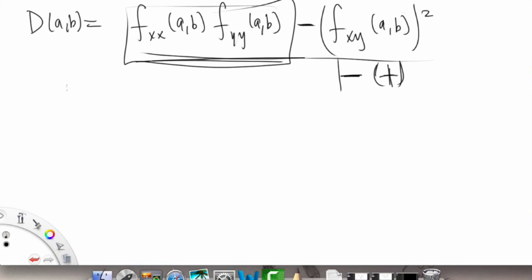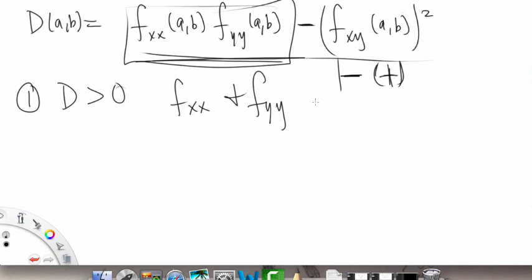So let's look at our first option. Our first option was if D is greater than 0. If the discriminant, this whole entire thing, turns out to be positive, that would imply that both of these have to be the same sign, right? Our fxx and fyy must be the same sign.